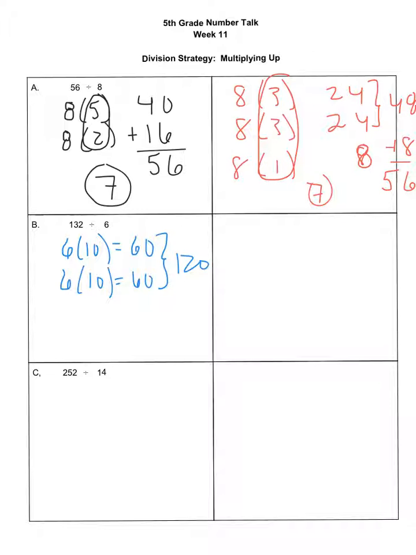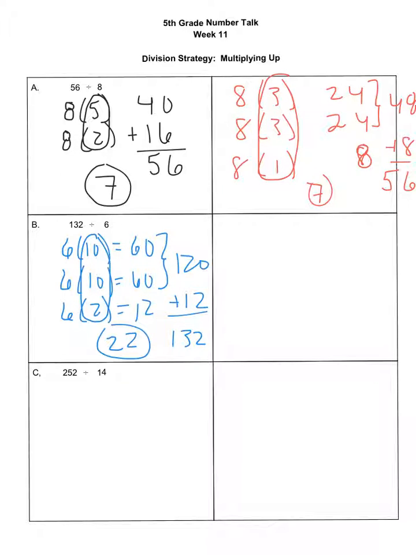Well, I'm still 12 short, so 6 twos is 12. 120 plus 12 is 132. So then I would add up 10 plus 10 plus 2, which gives me a total of 22. So 132 divided by 6 is 22.